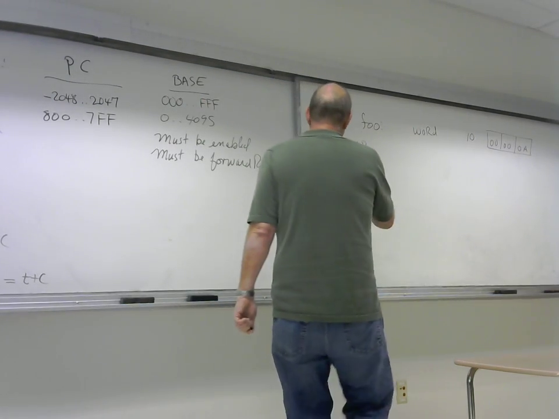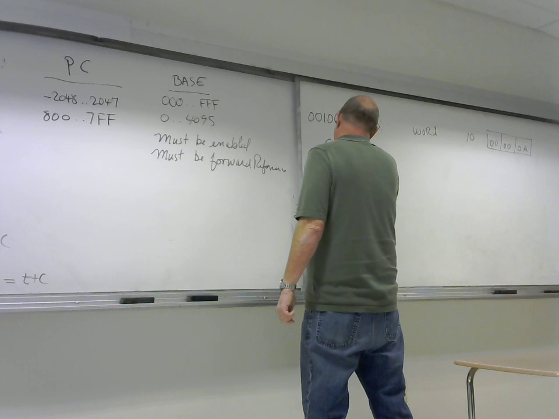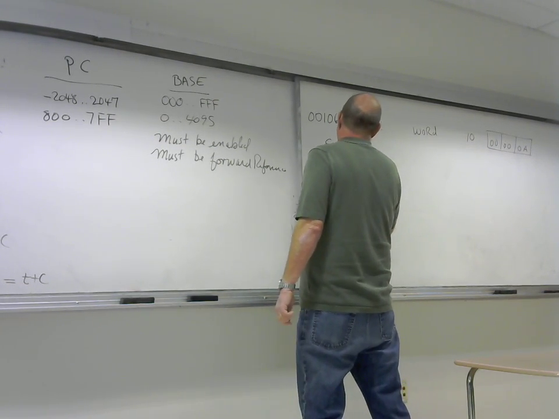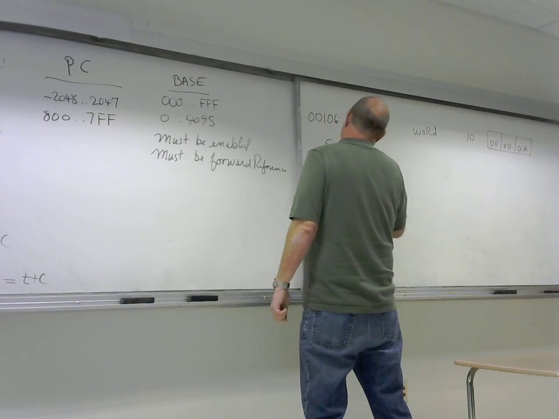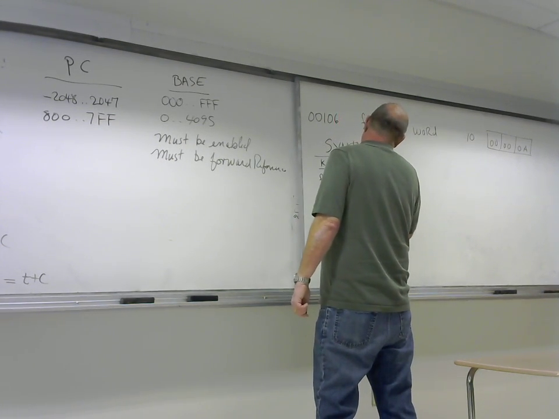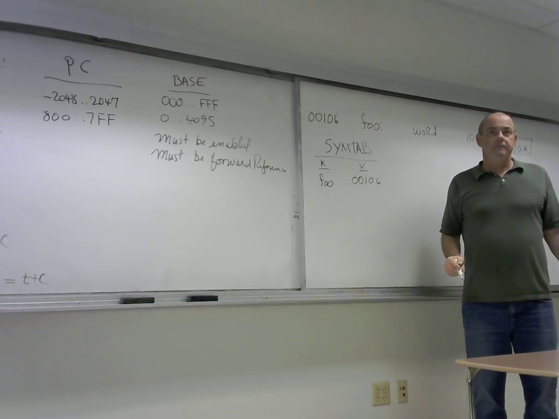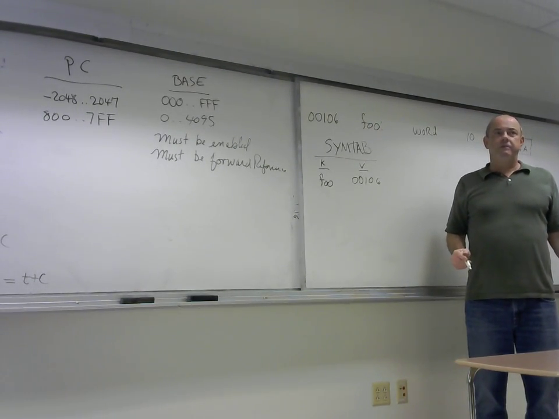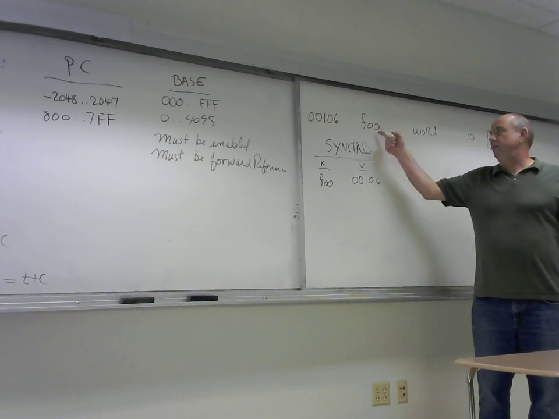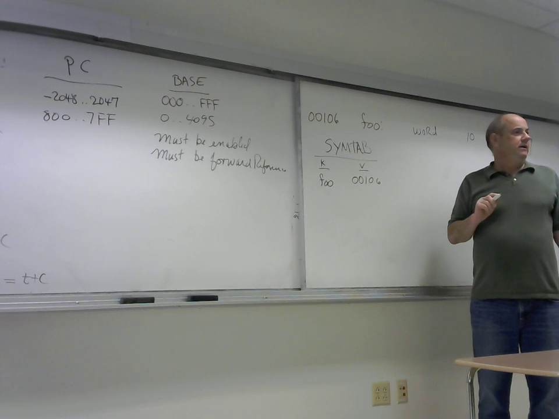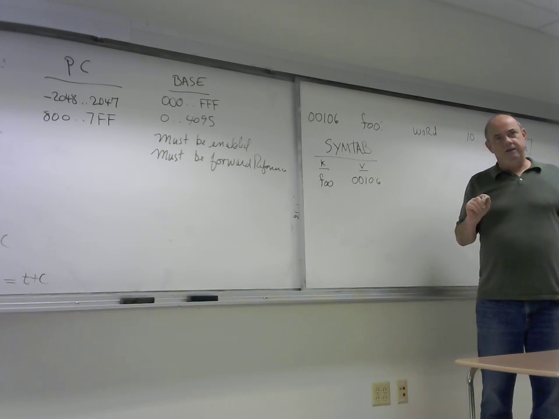So your SymTab has the key or the label and then the value here. We have foo, and the value of foo is 00106. Foo means the address where this starts, and that's all it means. Does it mean 10? No. Not in any way does it mean 10.